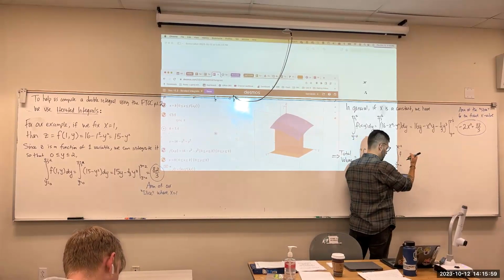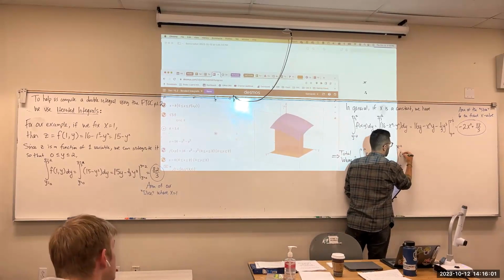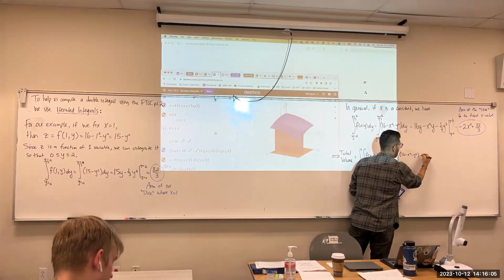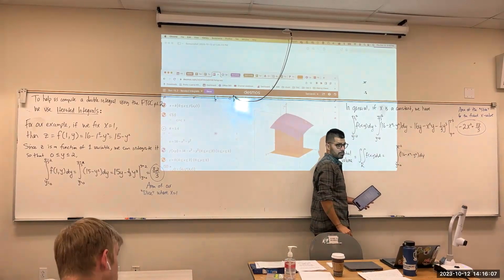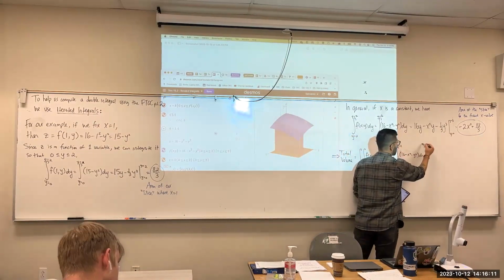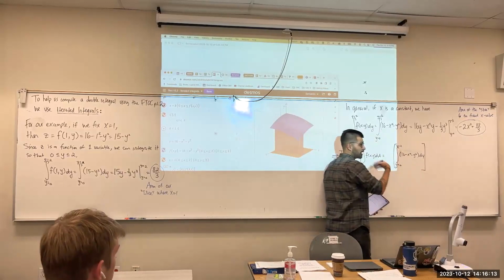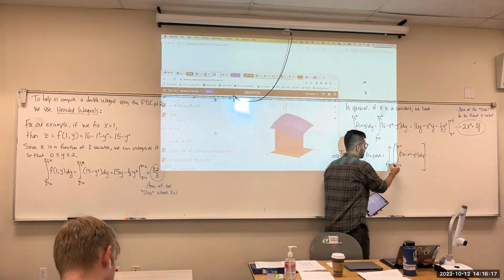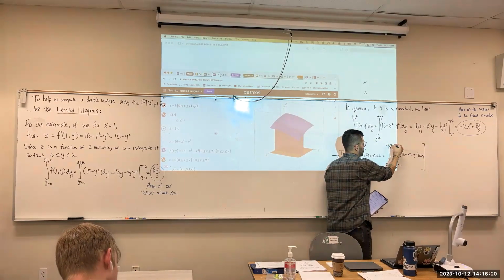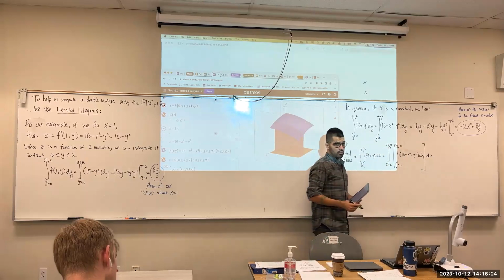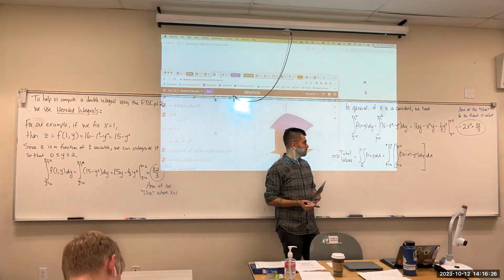I'm going to do it with respect to y first, right? That's going to give me that result, but then I'm going to sum up all the slices with respect to x now and vary x. So now x varies from 0 to 2. But then I'm going to do it with respect to x changing. Okay?